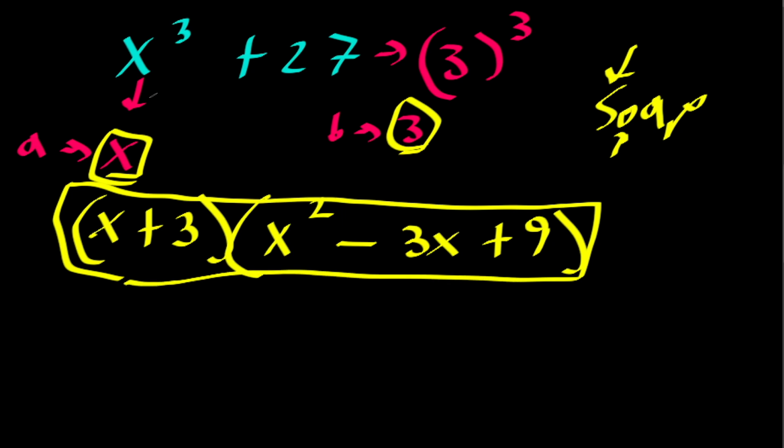Let's do one more just so you can get an idea of this. Let's do one that's maybe a little bit harder: x to the third plus, let's say, 216.